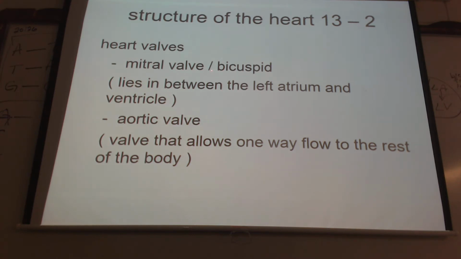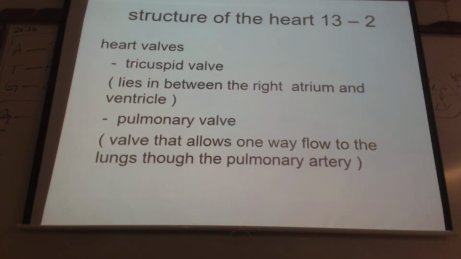So here's this term, bicuspid. And then what letter is in here that's not in bicuspid? Okay, so you have an R right here. So since this is the tricuspid valve, that would tell you it's on the right side.